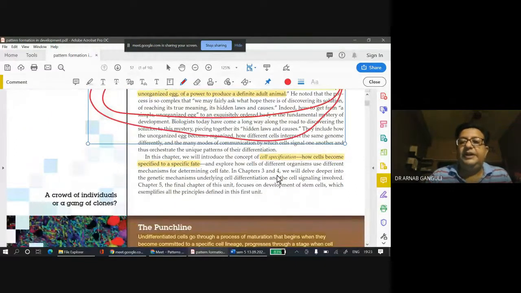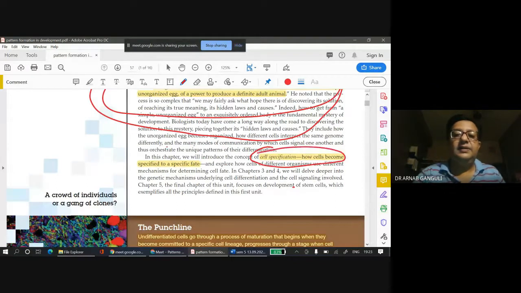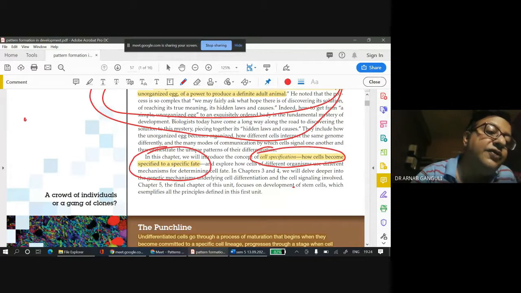So this chapter will introduce the concept of cell specification. That is, from unorganized to organized.